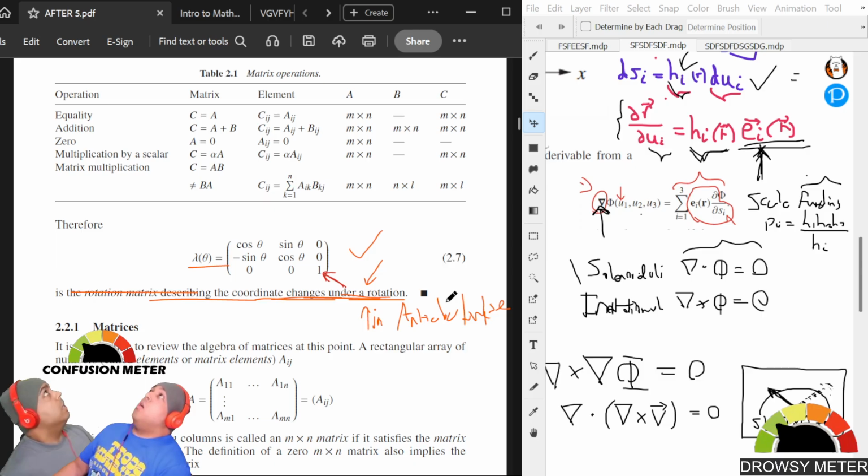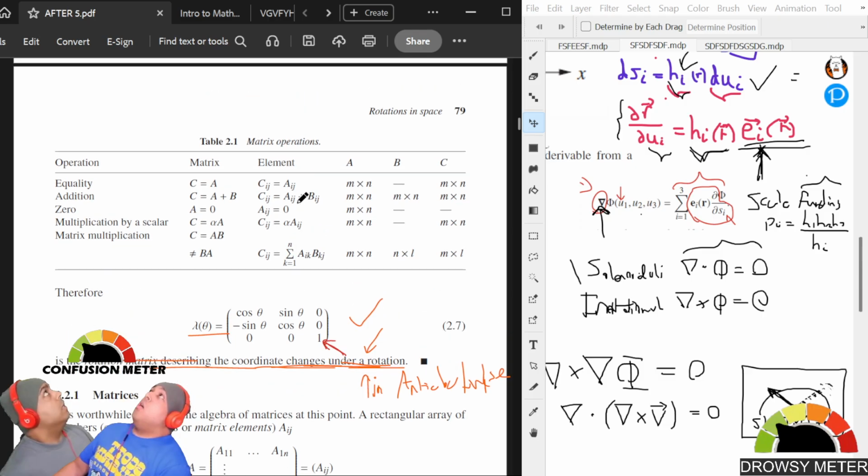What if it was clockwise though? If it was clockwise, then I feel like the minus will be up here. I'll have to think about that later.